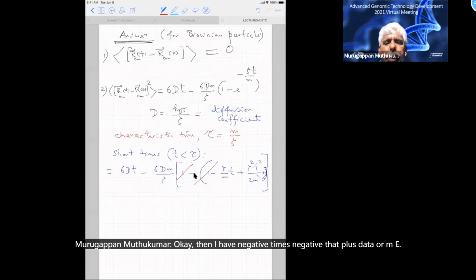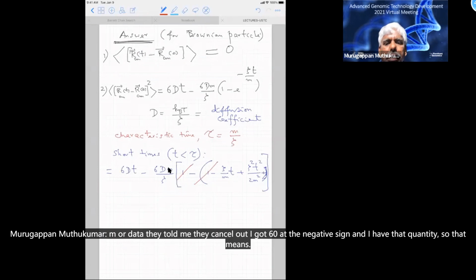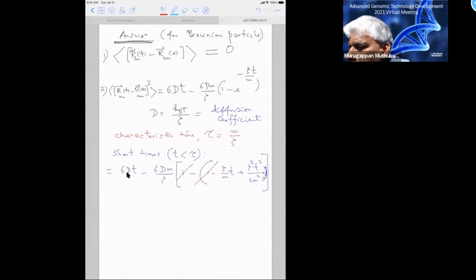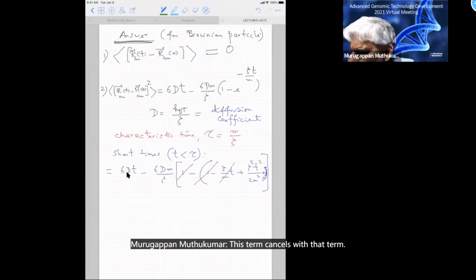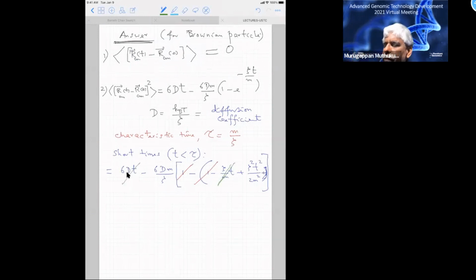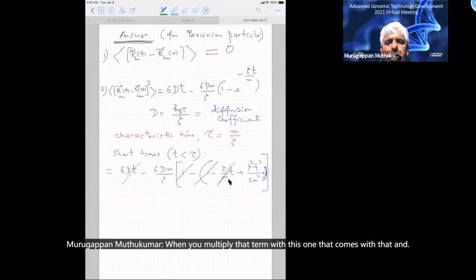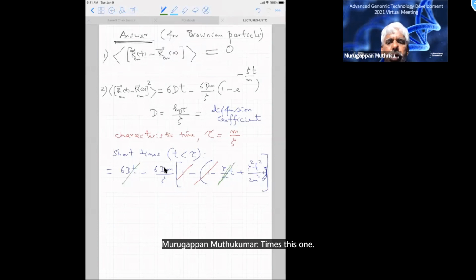Then I have negative times negative, that's plus zeta over m t. So m over zeta and zeta over m cancel out. I have 6 dt with the negative sign, so this term cancels with that term. Therefore, to leading order, I'm left with this quantity times this quantity.